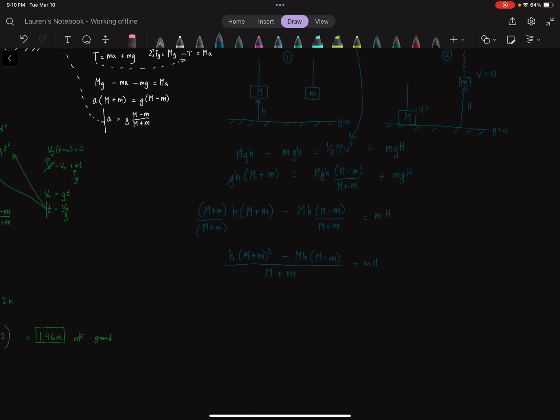Looks like things might cancel here. That's why I'm pushing on. So we have H times big M squared plus 2 big M little m plus m squared, minus m squared H, plus big M little m, all over big M plus little m equals mh.